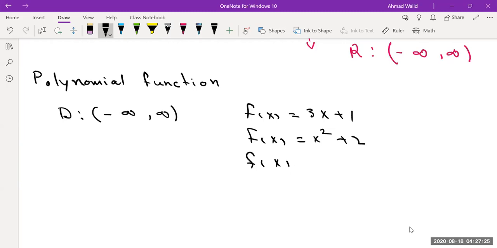Cubic functions, f of x equals x cubed minus 4x squared plus x plus 1, for example. Or in general, polynomials of higher degree than 3, right? We call these functions polynomial functions. The domain of all of them starts from negative infinity to where? To positive infinity.